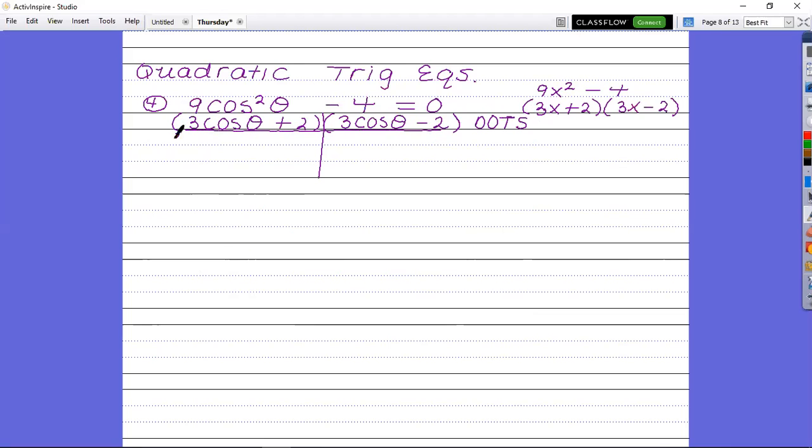I go 3 cos theta is equal to -2. Sorry, I'm trying to write cos there. Equals -2. So therefore, cos theta is equal to -2/3. I use the negative for my triangles. So cosine is negative in the second and the third.